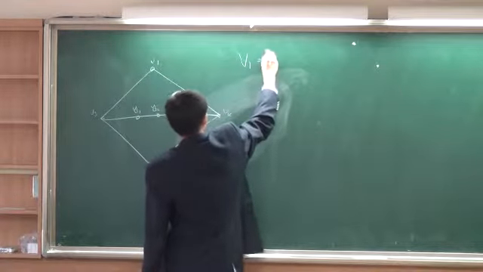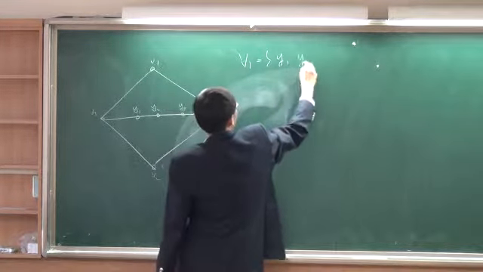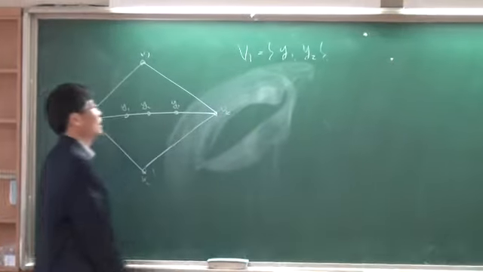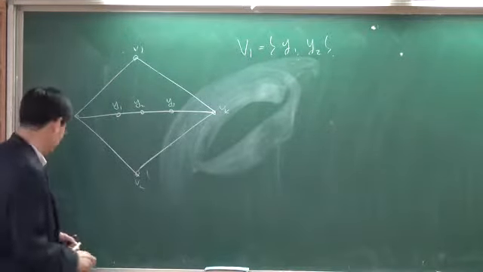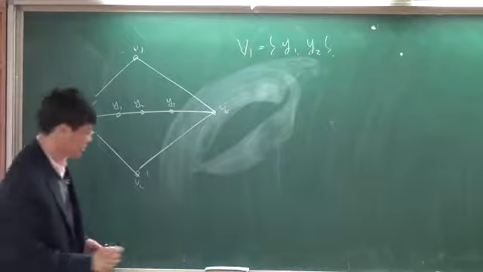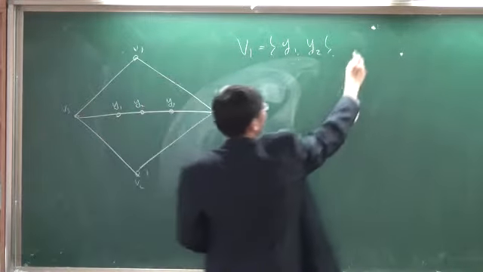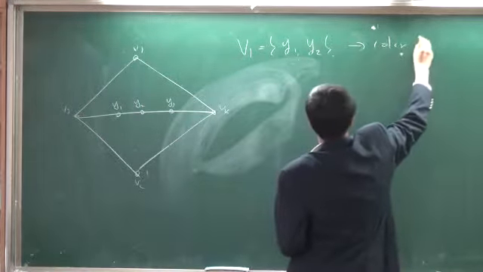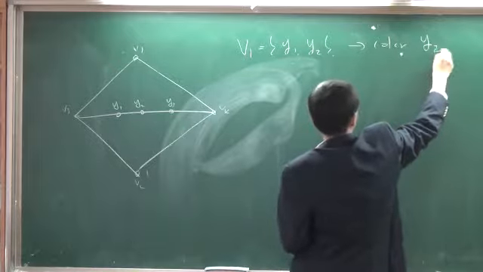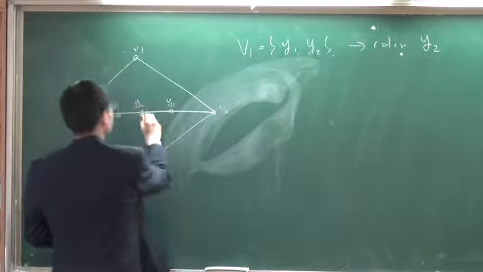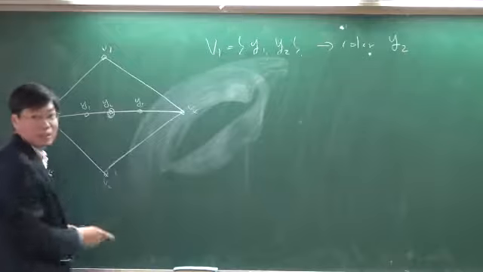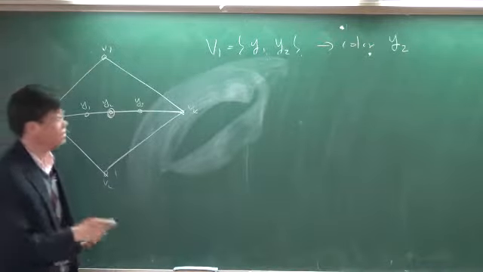Alice presents Y1 and Y2, and then maybe Bob colors Y2. The next.